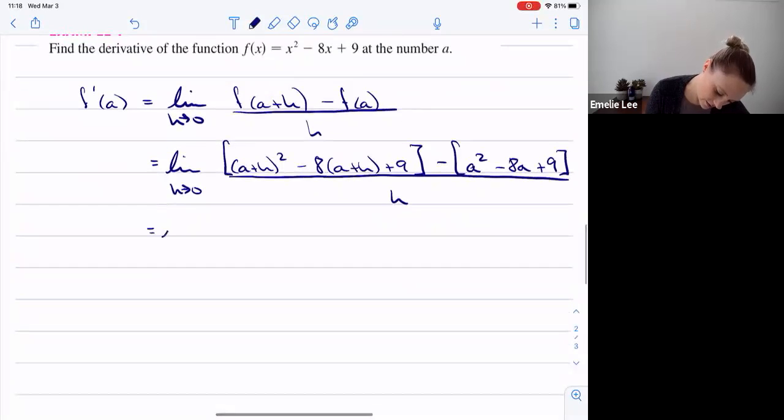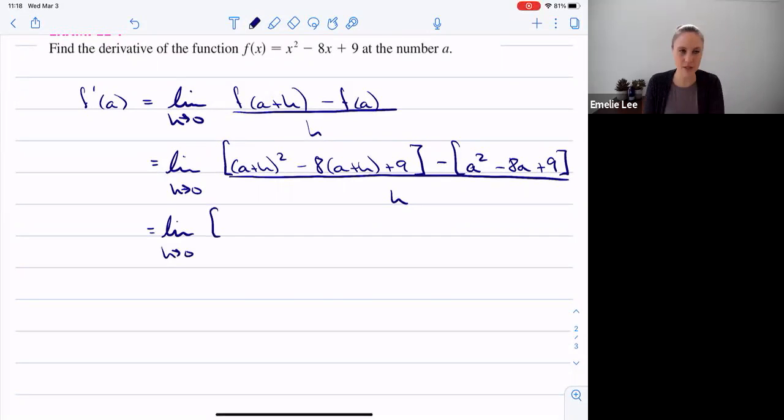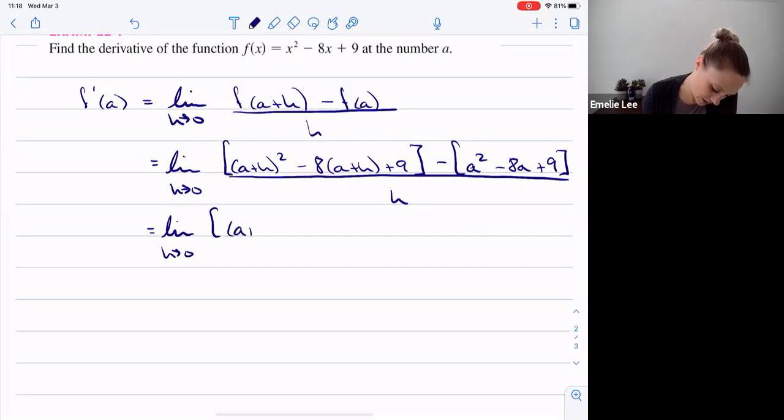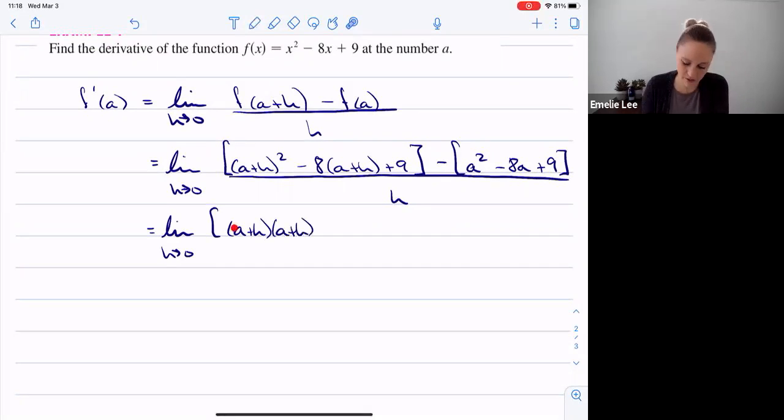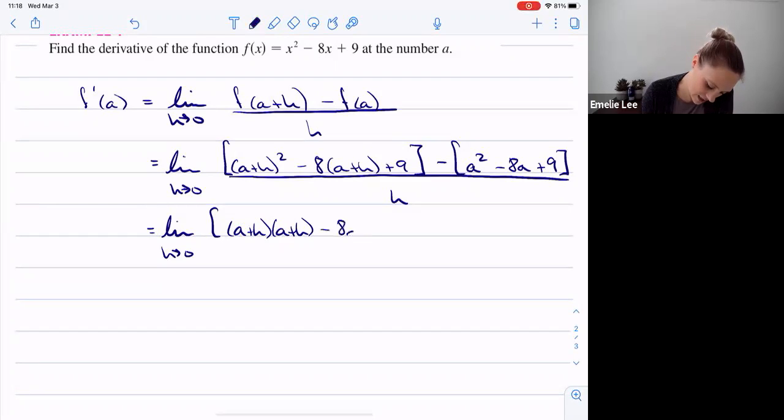So let's see here. The limit as h goes to 0 of (a plus h) squared. I always write it out, and I know I tend to show more work than you have to, but I like to visualize a plus h times a plus h, because for some reason I just have a hard time expanding that. And then minus 8a, plus different levels of expansion here.